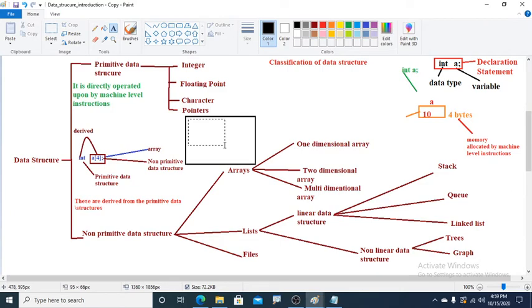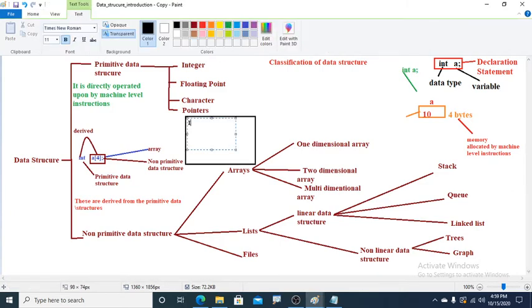Array is a collection of homogeneous elements. Homogeneous means what? Same elements.